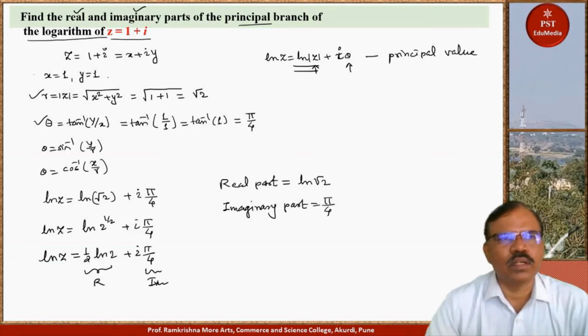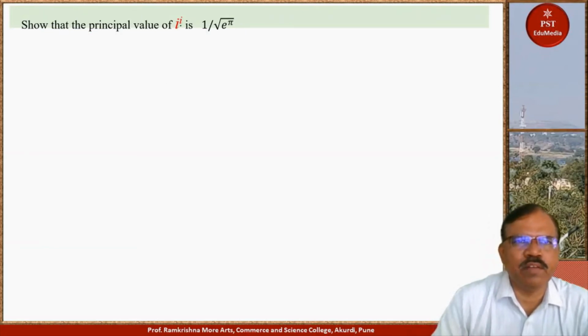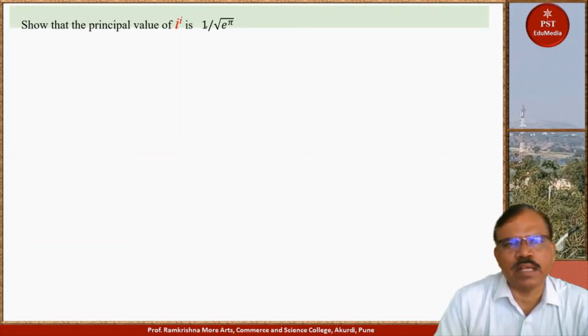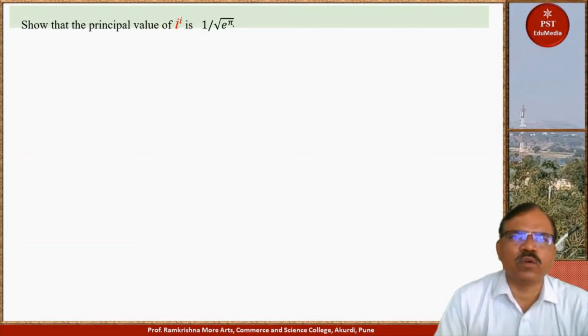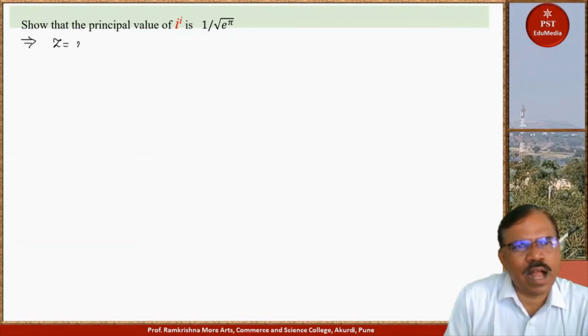Now let us go to the next example. Show that the principal value of i raised to i is 1 upon square root of e raised to pi. So here let us take z equal to i raised to i. Now you can write z equal to e raised to log z also.